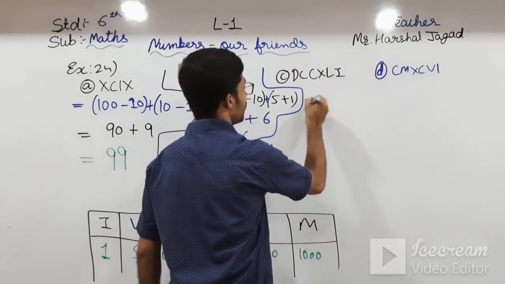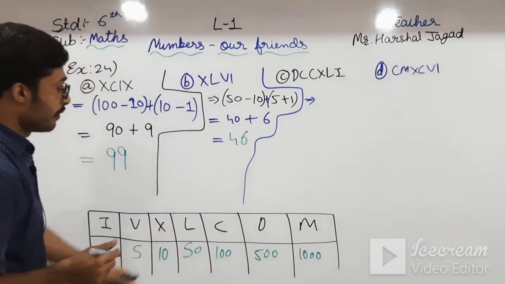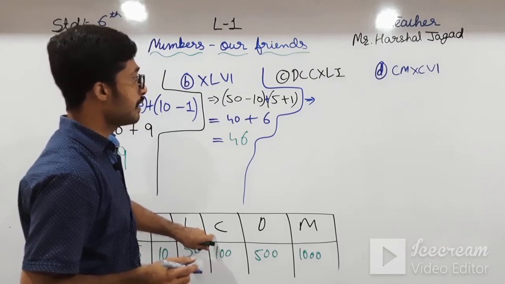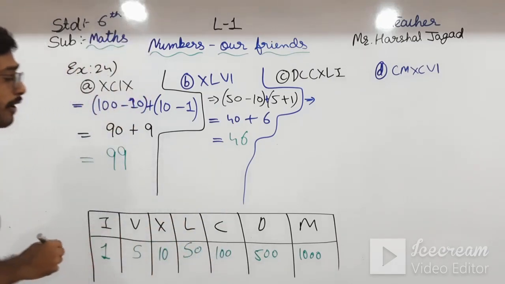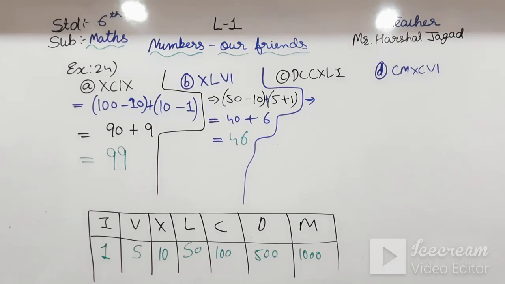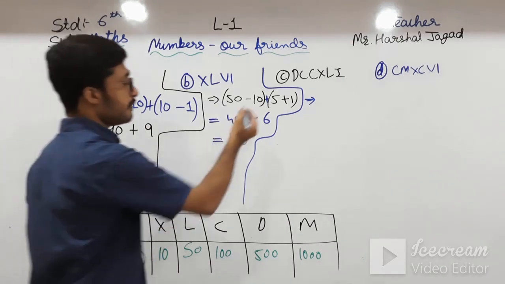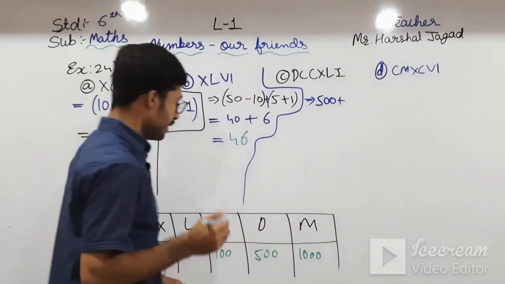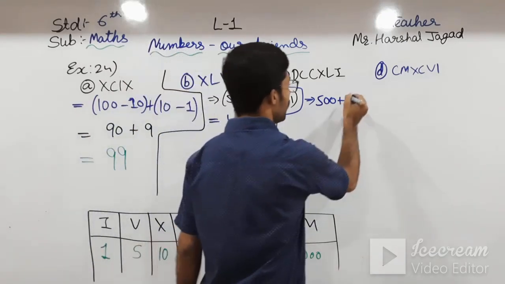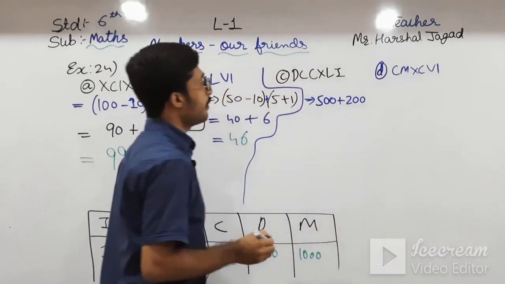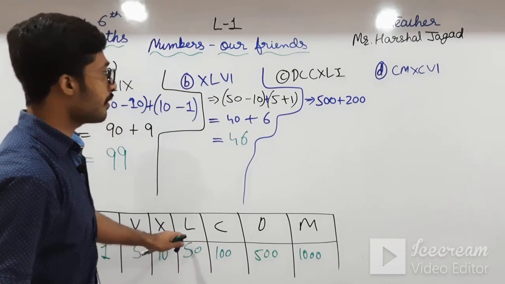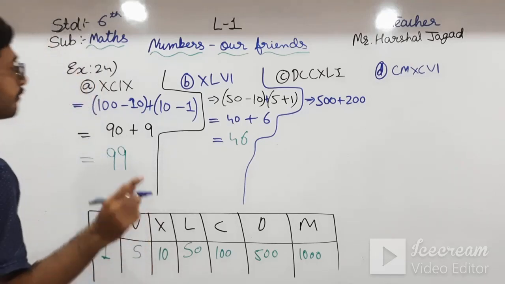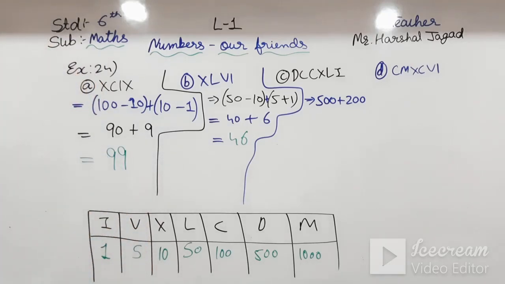Okay students, next one, that is C. DC: D is bigger and C is less. D means 500. So we can write 500 plus CC, 2 times C, that is 100 plus 100, 200. Now L is greater or X is greater? L is greater, and before that there is an X. So first of all, write by yourself.